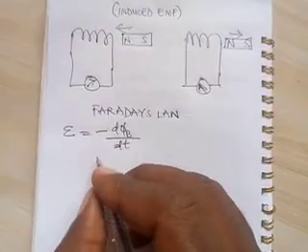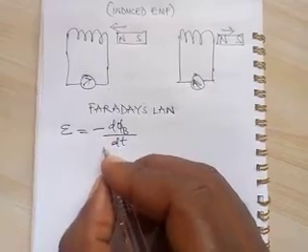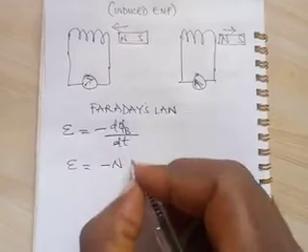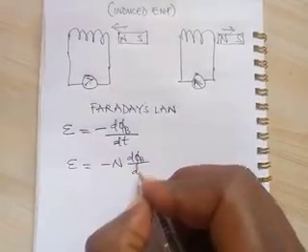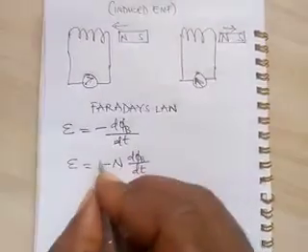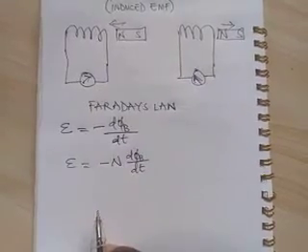Of course, if we have n as the number of turns, we have E equal to negative n dΦB over dt. This is Faraday's law of magnetic induction.